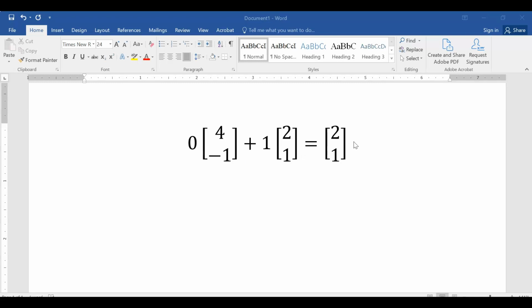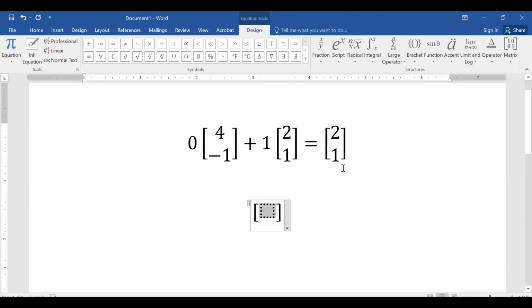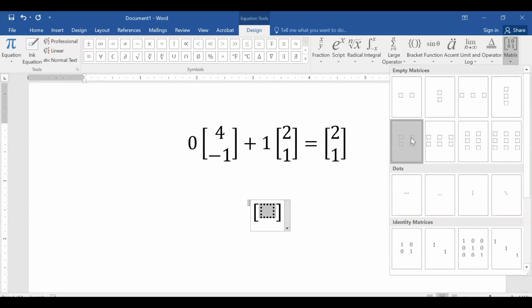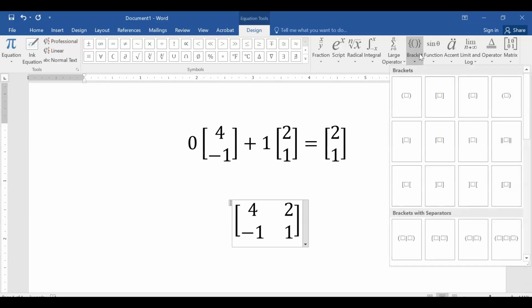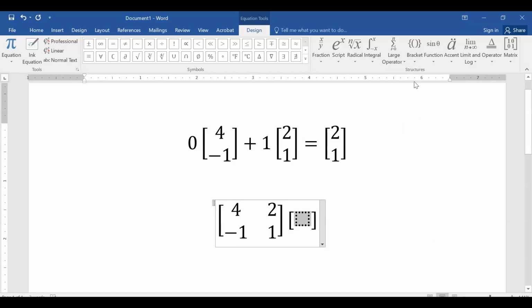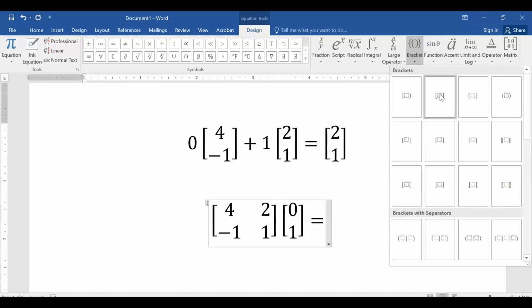Now that's a vector equation. We've seen also that if we wanted to translate that into a matrix equation, what we would have done is take the matrix with (4, -1) as the first column and (2, 1) as the second column, times the coordinate vector (0, 1), is equal to the vector (2, 1).